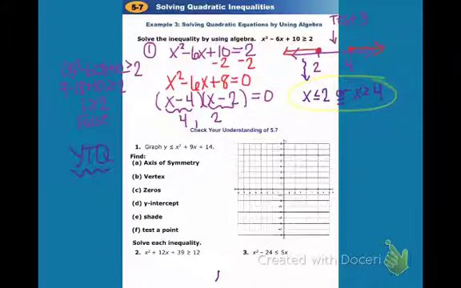Just follow those steps there, A through F, and then questions 2 and 3 ask you to solve each of these inequalities using algebra, which is the method that we did today. So basically You Tries 2 and 3 are for the method that we just learned today.